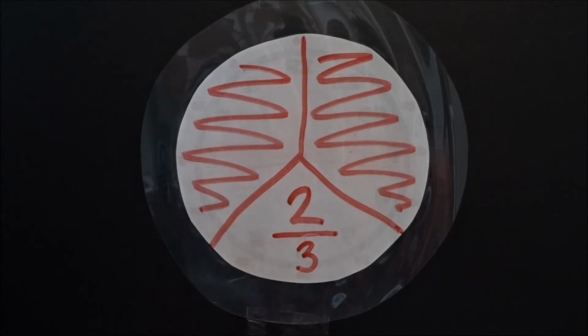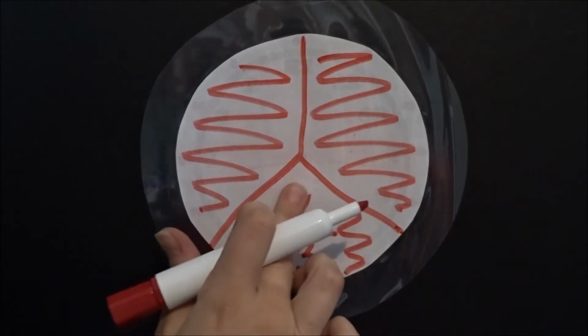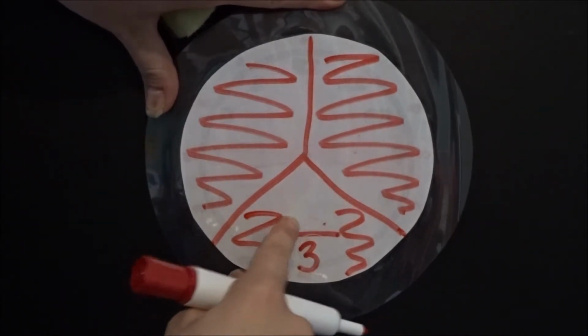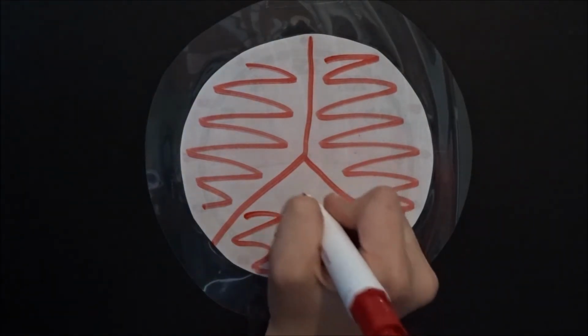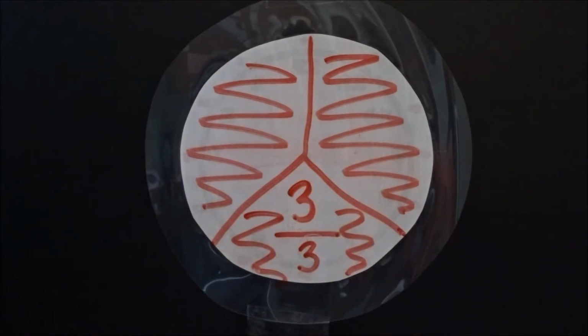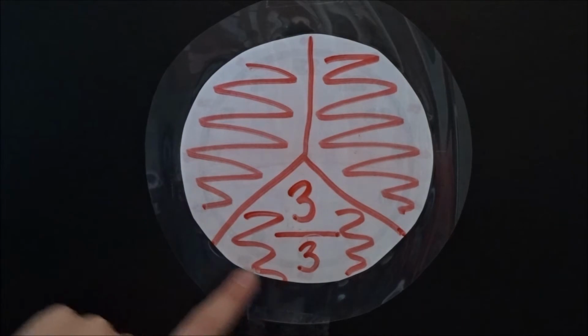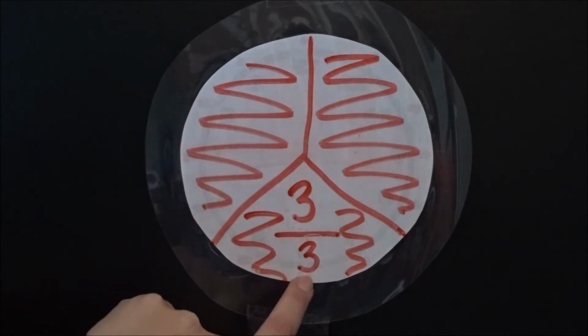Now, if you were to also eat this piece here, then this would not be 2. This would become what? What do you think? Well, if you said 3, you would be right. And that's because you ate 3 pieces of the total number of pieces, which is 3.